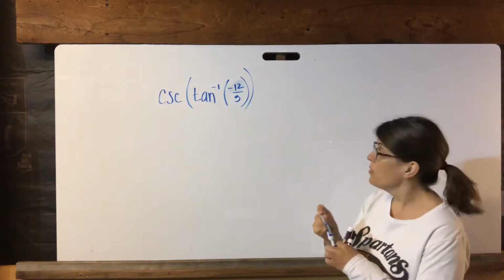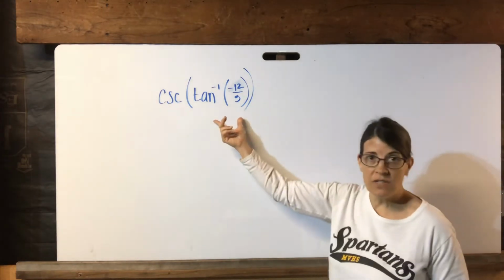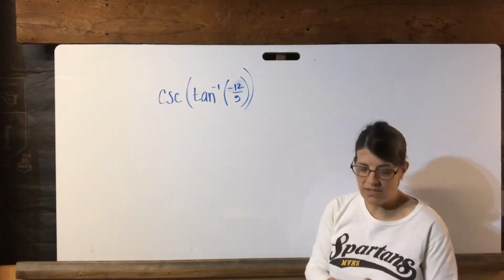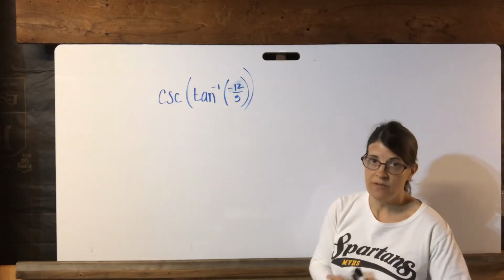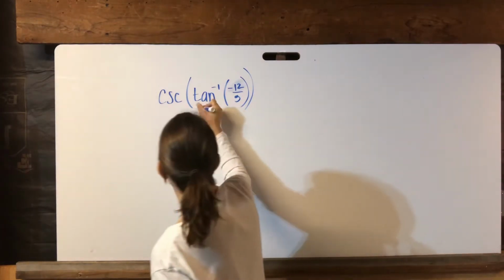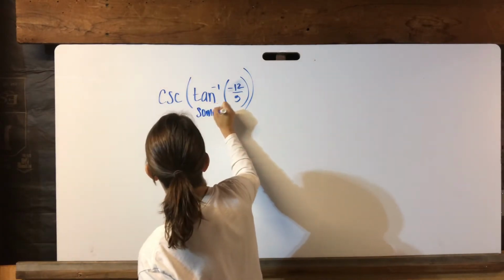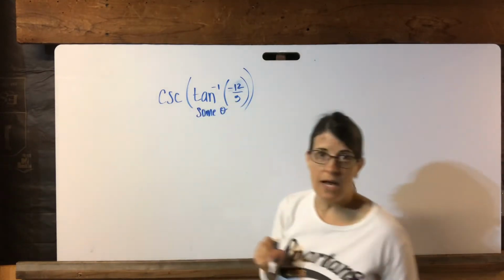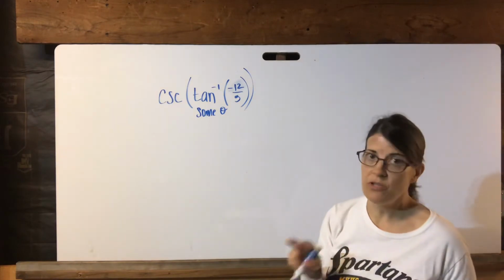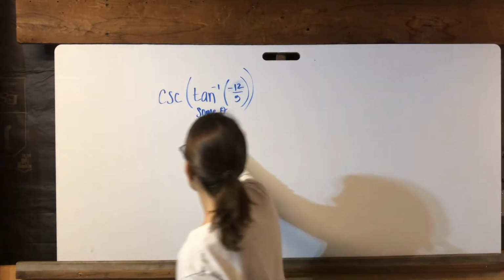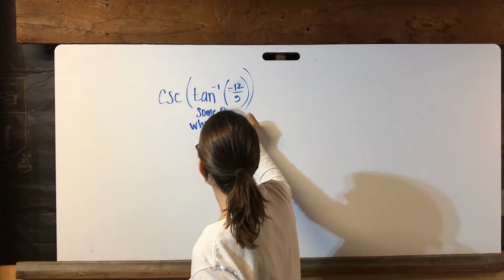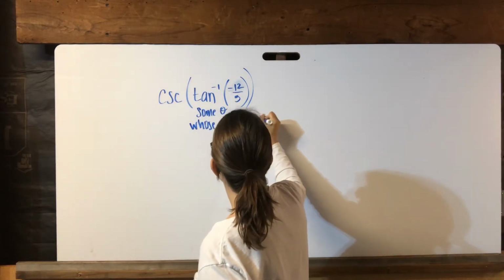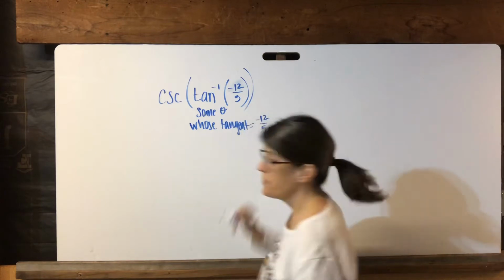Okay, so inverse tangent of negative 12/5. That's just some angle whose tangent is negative 12/5. This is some theta. I always use theta. Some books use x, but you should get used to theta. Some theta whose tangent is negative 12/5.